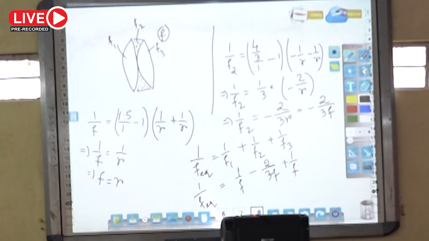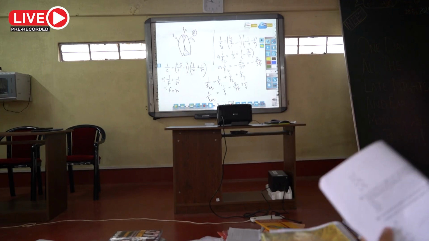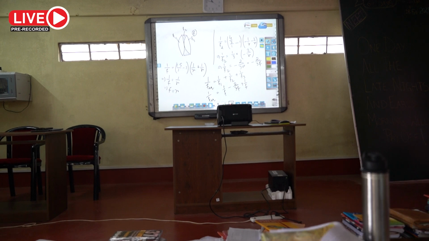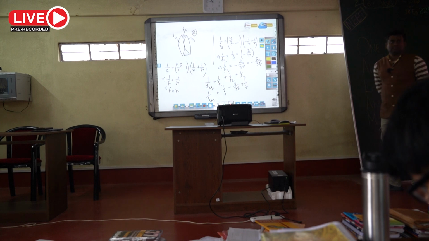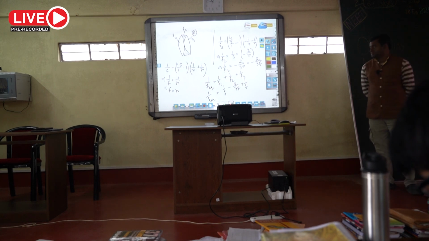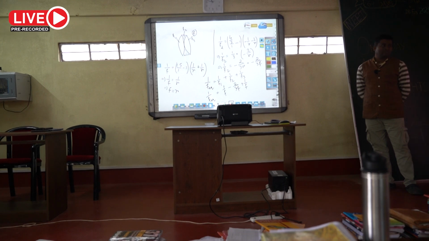So from the lens maker's formula you will find all this f1, f2, f3 and then substitute in the formula 1/f equivalent = 1/f1 + 1/f2 + 1/f3. That power is additive. So it will come 3f/4.